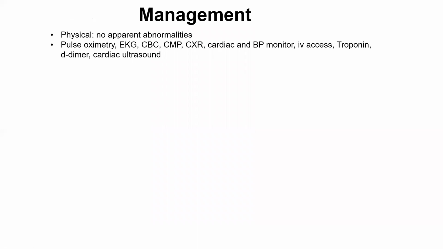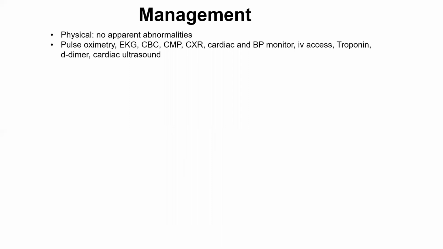As I mentioned, we did the physical examination for the patient, and we didn't see any apparent abnormalities. We placed orders for all of these tests as we discussed. For the pulse oximetry, we didn't see any problems.